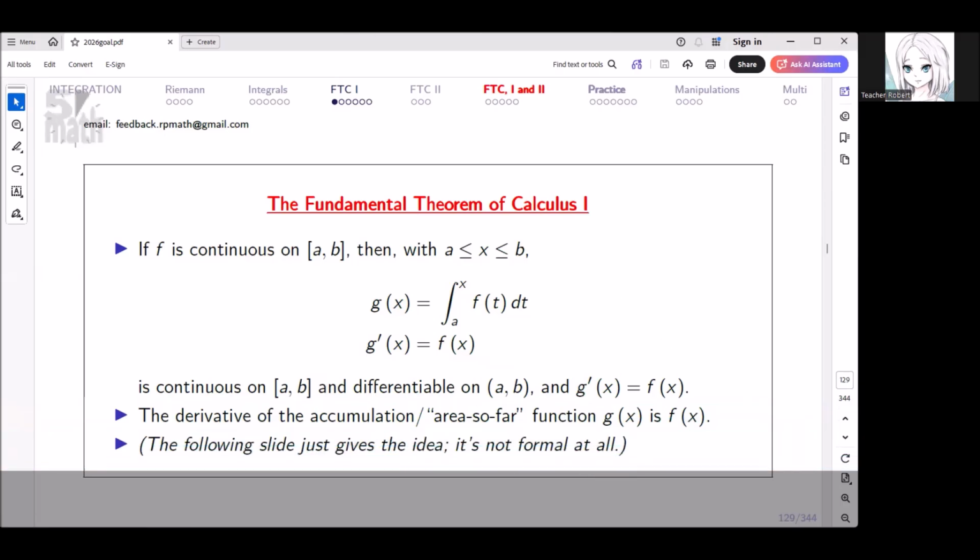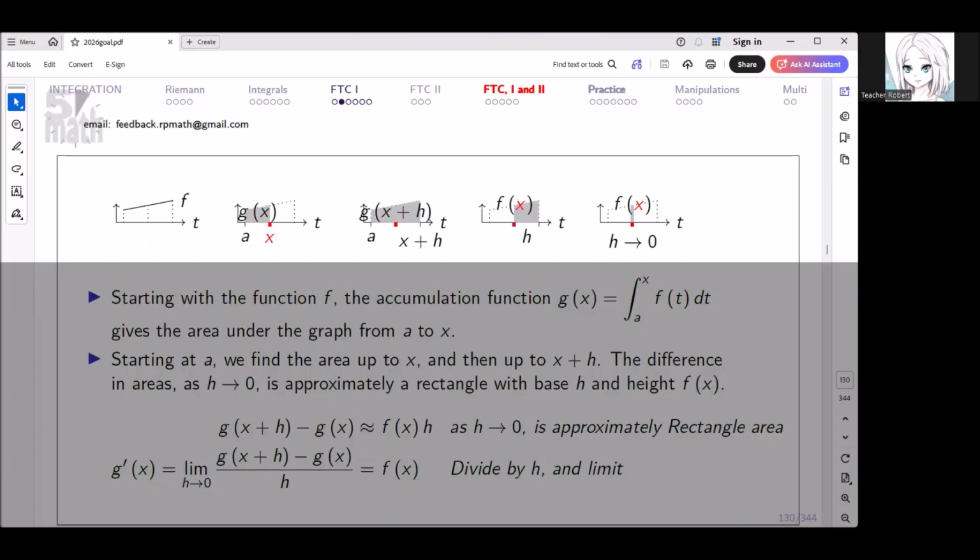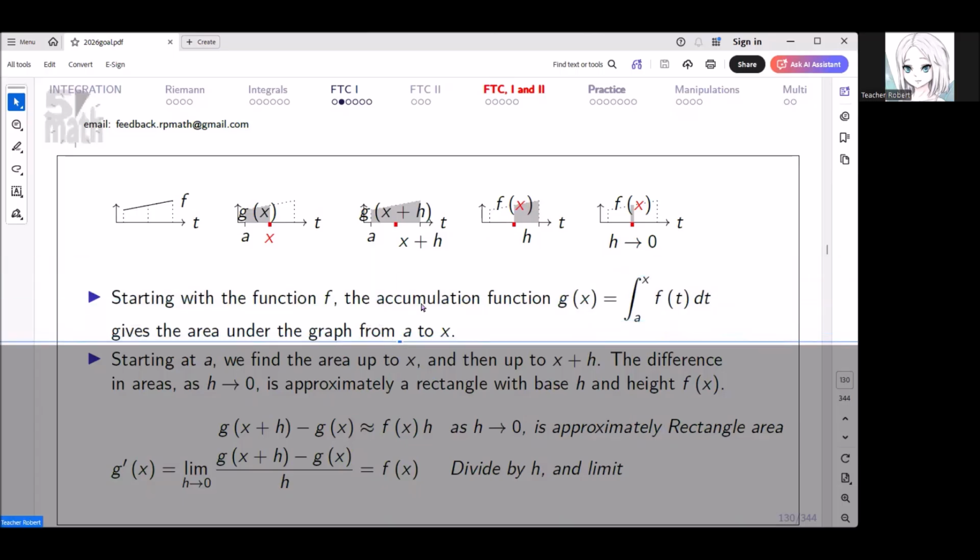The following slide just gives the idea. It is not formal at all. Starting with the function f, the accumulation function g of x equals integral from a to x f of t dt gives the area under the graph from a to x.